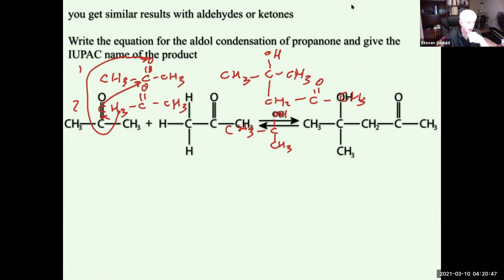Okay, so this is the auto condensation, the aldol condensation, of propanone. Again, propanone is 3 carbons. That's a ketone with the carbonyl group dead center right in the middle. That's the only place it can be, or else it'd be an aldehyde. Give you a little time to absorb all this.